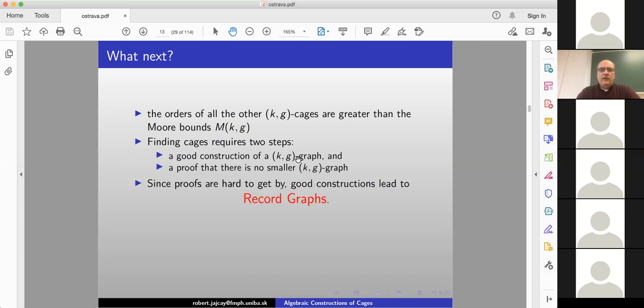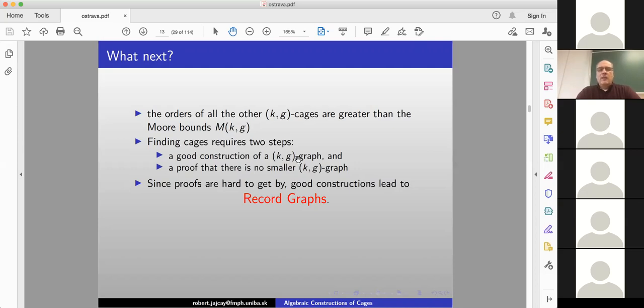So for that reason, people settle for the first step, and that is they look for good constructions, okay? That is the game I like to play as well. So we're looking for good constructions. Given K and G, I want some universal constructions that produce a KG graph that is relatively small in some sense. And of course, these are hard numbers.